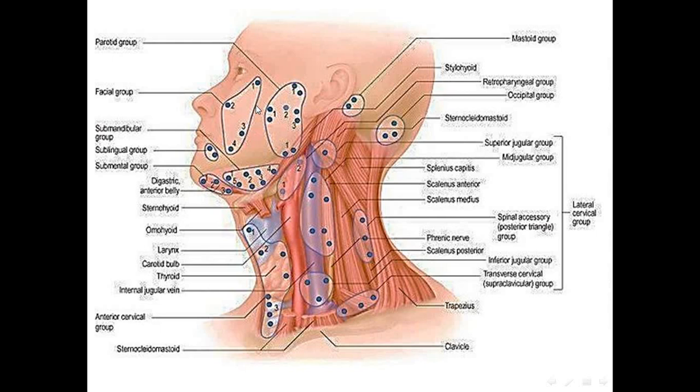But we have other groups like the facial group here, the sublingual group, the anterior cervical group, and then the jugular groups are divided into superior, mid-jugular, and inferior jugular groups. Here we have the transverse cervical group, and posteriorly here we have the posterior triangle group. There is also a retropharyngeal group here.